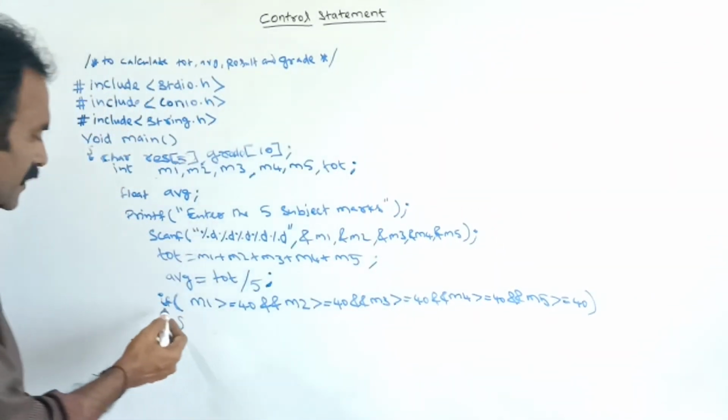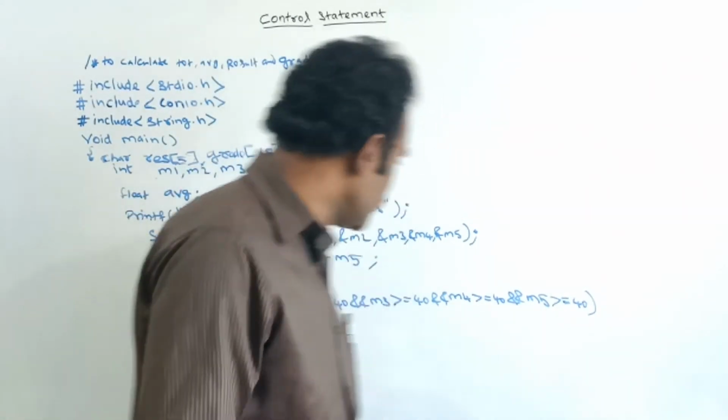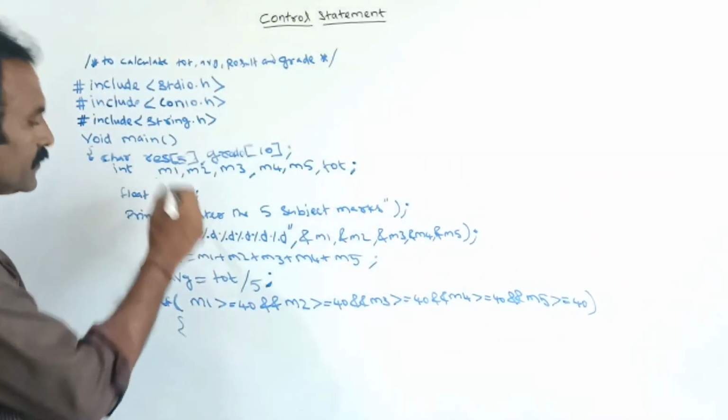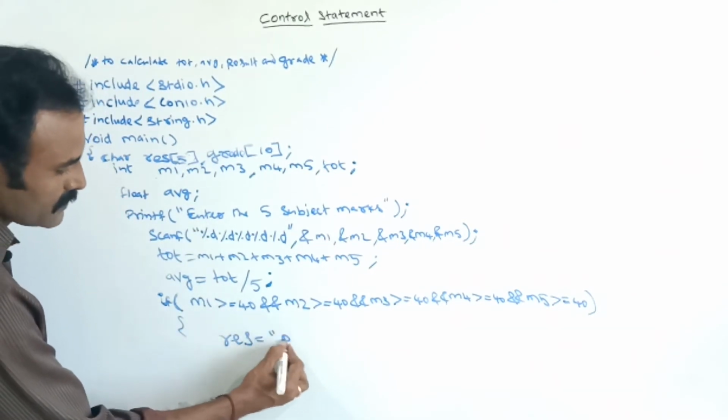So here I am checking this. If every mark is greater than or equal to 40, then I am going to store the value in result res is equal to pass.